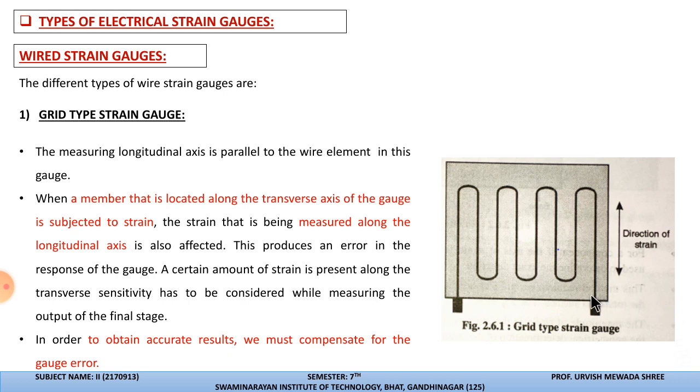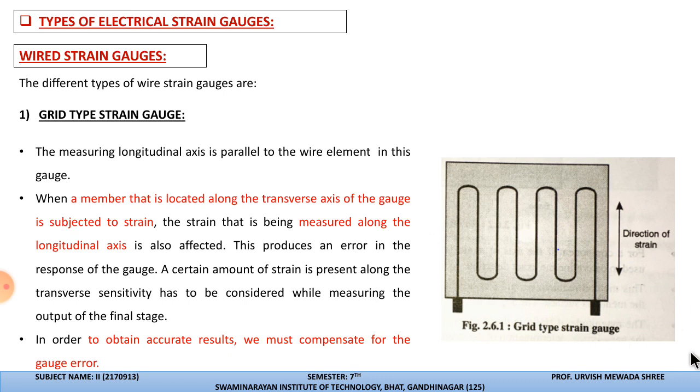Why is this called the grid type? Because you can see the shape of the wire placed on the surface is like a grid, or like the shape of a grill. With this type of grid type strain gauge we have a limitation, because it measures the stress in the longitudinal direction, and if we place our object in the transverse direction it may produce an error.